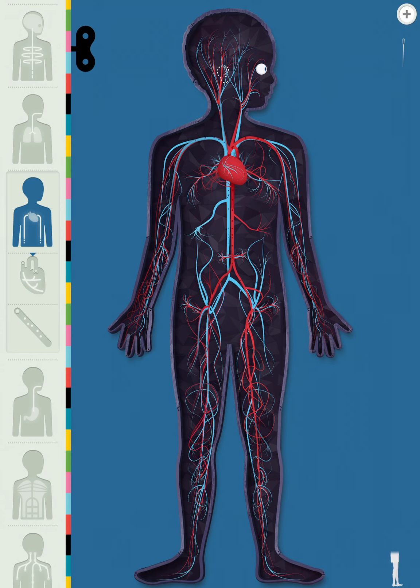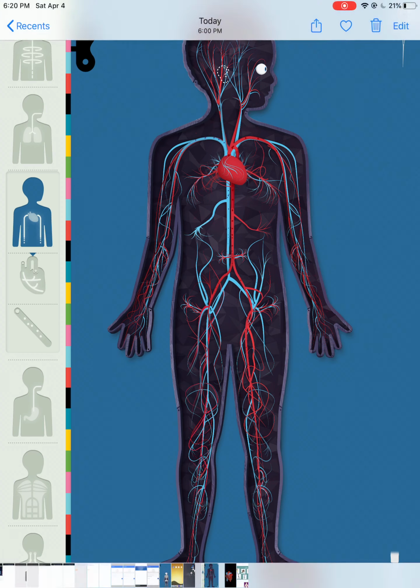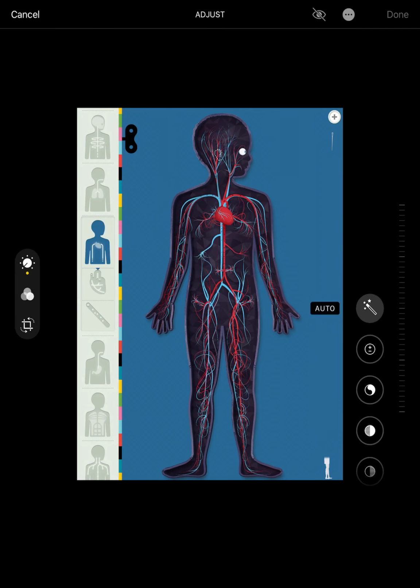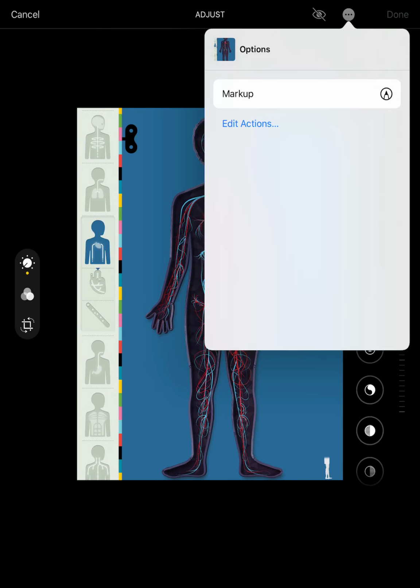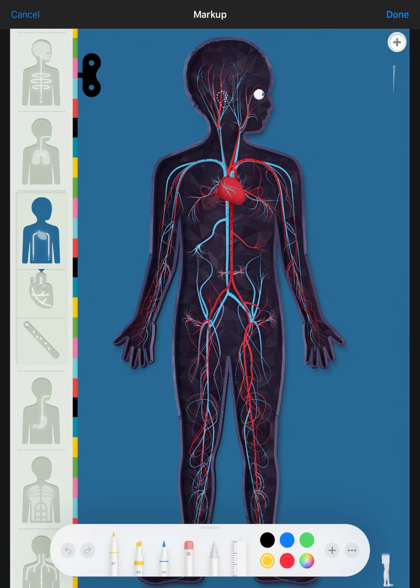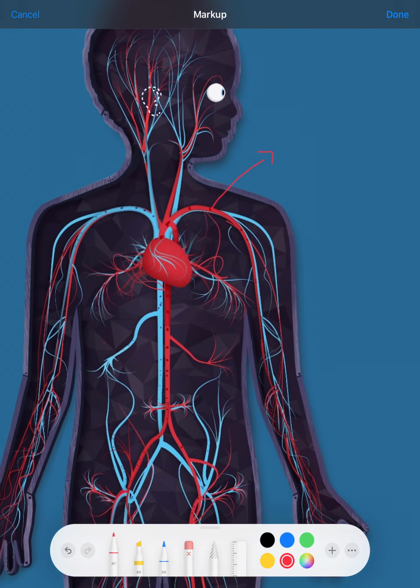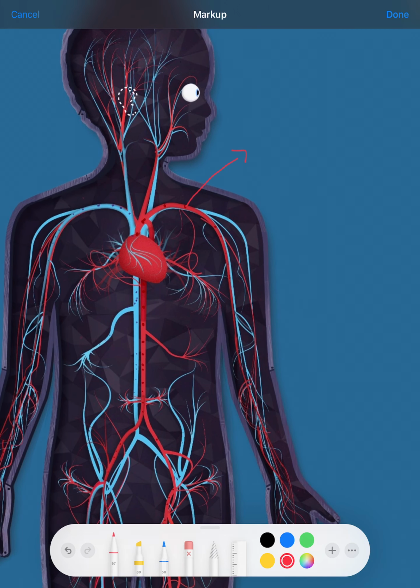Here we have an example of the human body and the circulatory system. For this one, we're going to just start drawing some things, and I'm going to explain to you what exactly every single line means. So let's start with the red lines. On va commencer avec les lignes rouges. The red lines are called arteries, des artères.